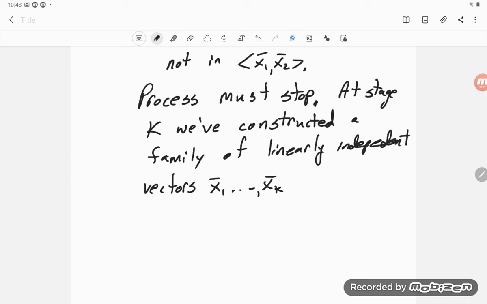All right, so these have all been linearly independent. This is based on our previous theorems, theorems 3.3.1 through 3.3.3, and these are all in your Fn, and hence k is less than or equal to n.